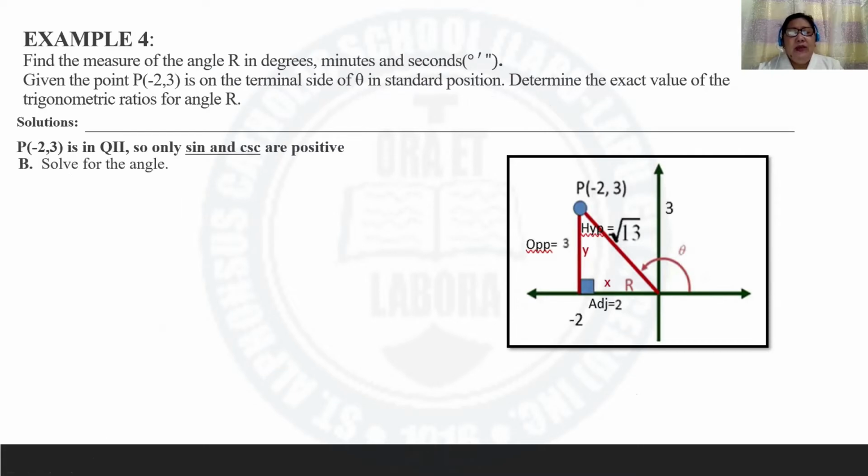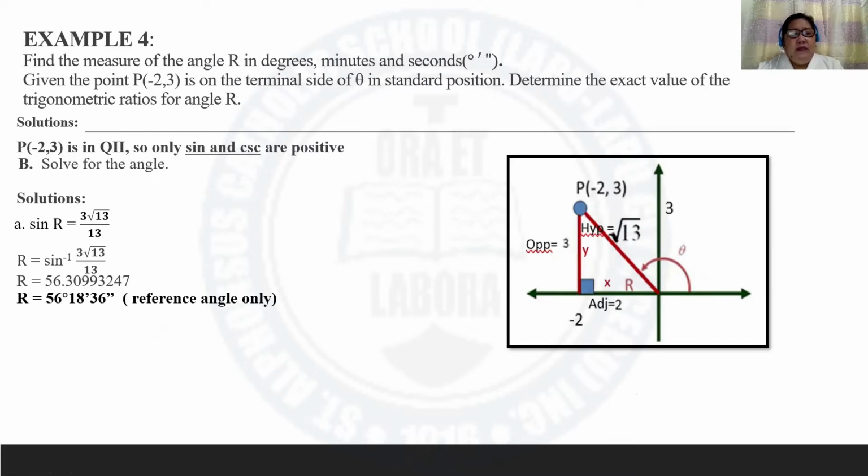Next, you have to solve for the angle. So to solve for the angle, let's take one trigonometric ratio, and that is sine R with the value 3 square root of 13 over 13. And R now is equal to sine to the negative 1 of 3 square root of 13 over 13.